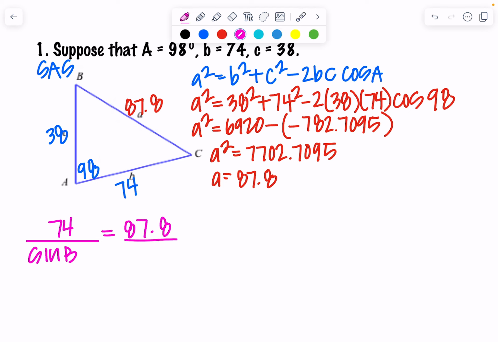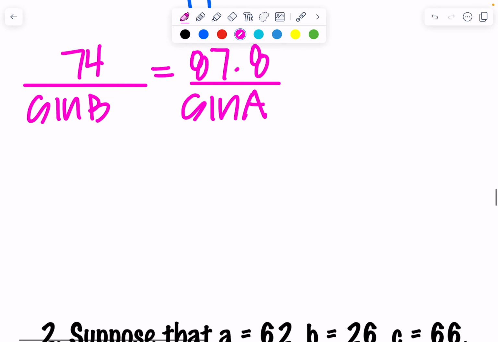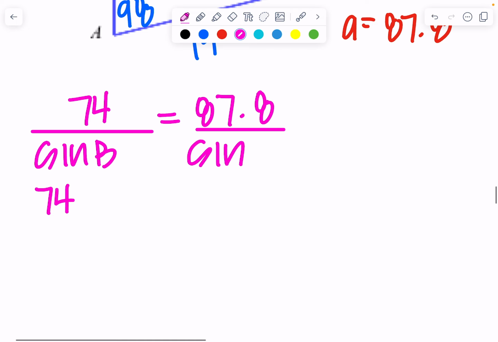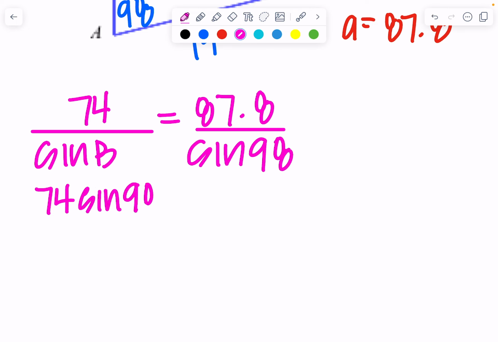So 87.8 over sine A. Oh, I didn't mean sine A. Obviously, we know what A is. A is 98. Okay, so 74 over sine B equals 87.8 over sine 98.